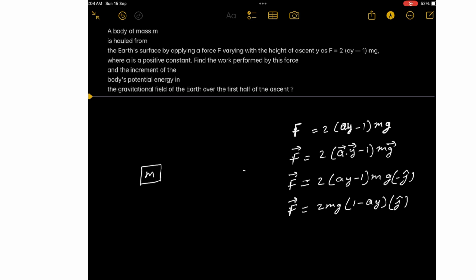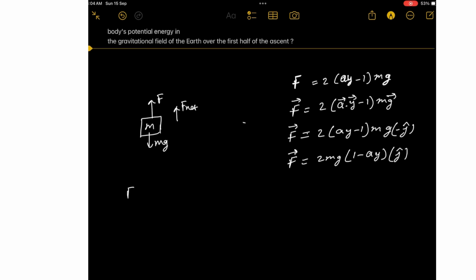So j cap is representing direction, and now this represents that this force is acting upwards and mg is acting downwards, and there is some net force on this body, which we can write as F net is equal to F applied minus mg.